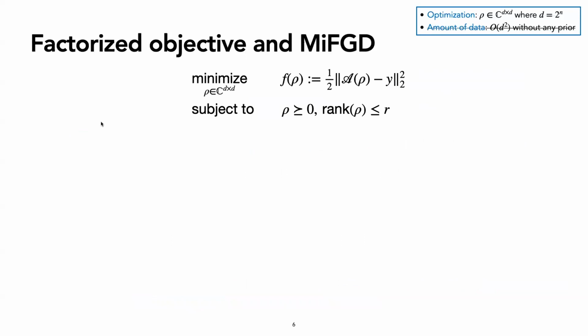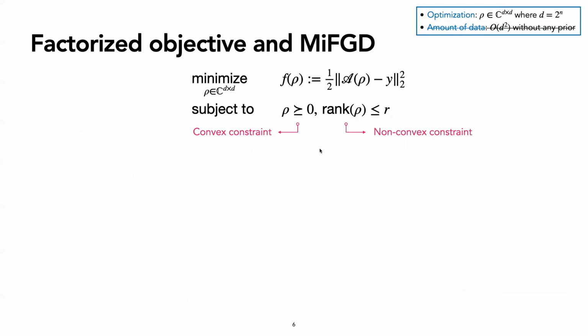Then with respect to the optimization, we have this modified objective function. Typically, to solve this kind of constrained optimization problem, you need some projection mechanism onto the constraint subspace. Here, the PSD constraint is convex, and the low rank constraint is actually non-convex.